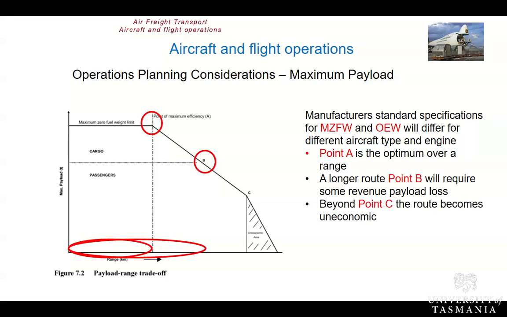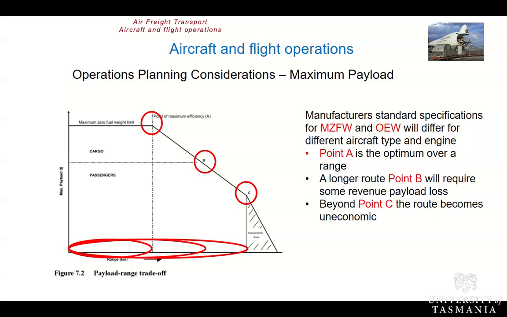Now, if you continue on your journey, on a very long haul flight, you get to point C. At point C, you're effectively maxing out the fuel potential of that aircraft, and it becomes uneconomic to continue.